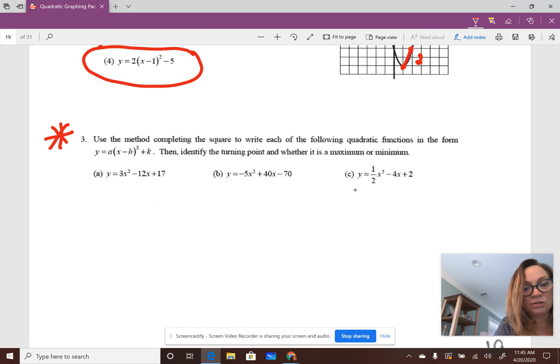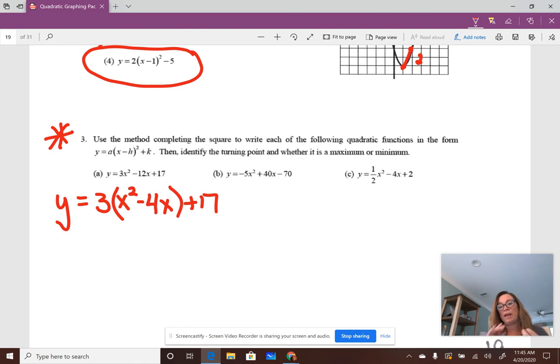Okay, so y equals 3 parentheses x squared minus 4x plus 17. So basically you want to pull the A away out of the quadratic term and the linear term. Okay, now I move the 17.